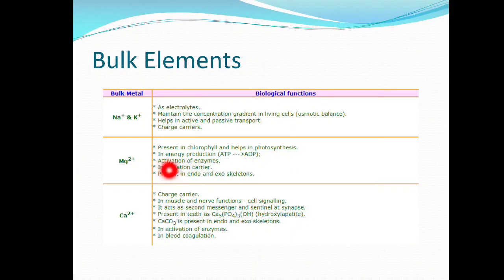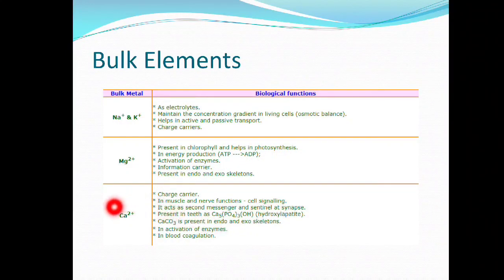In energy production, magnesium plays an important role in the glycolysis steps, that is the conversion of ADP to ATP, or the activation of ATP in glycolysis to generate energy. It acts as an activator for many enzymes, and it is also an information carrier. It is also present in endo and exoskeletons. Magnesium is very important in the biological system.